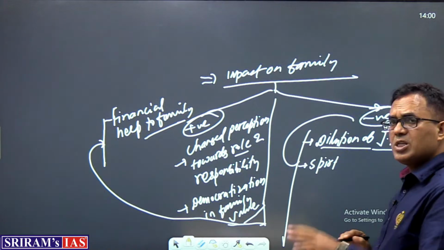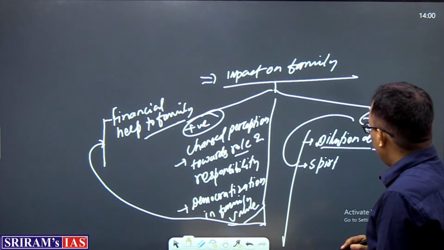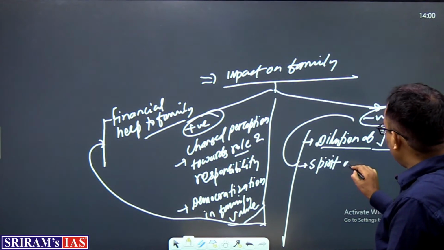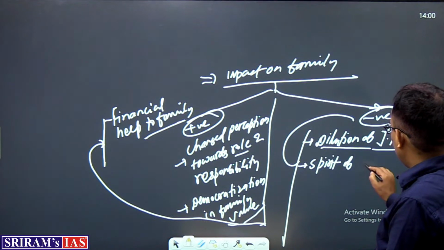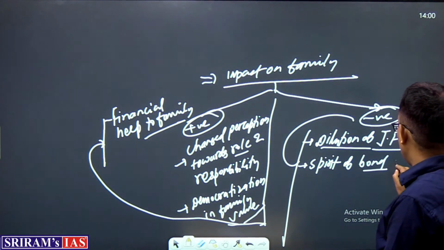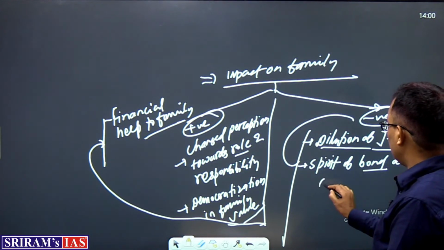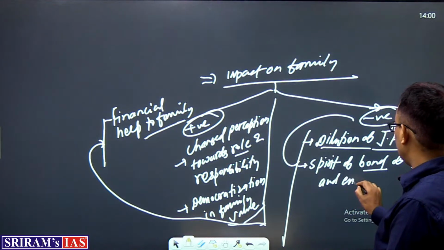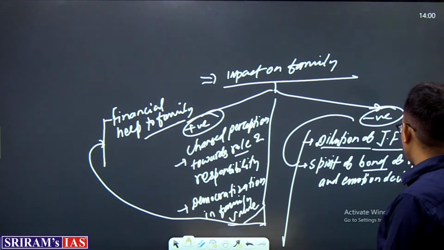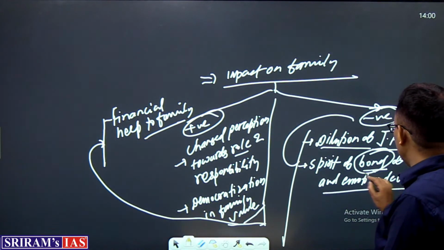You can also mention the spirit of jointness is gradually declining, or write the spirit of bond of relationship and emotion declining.